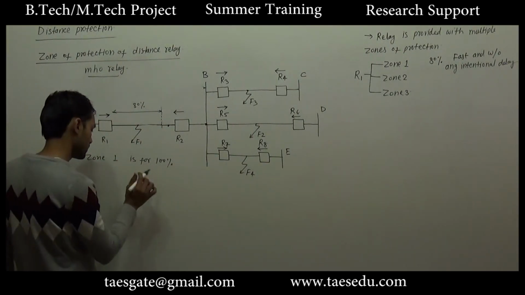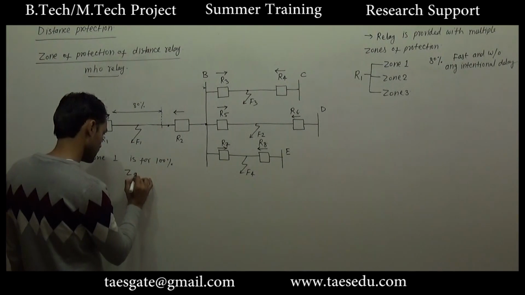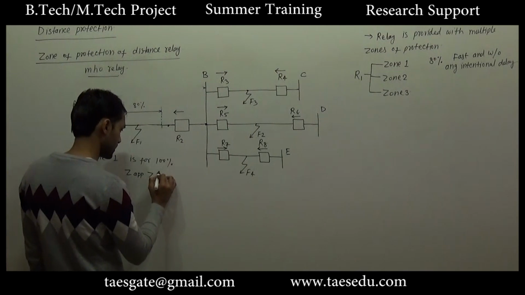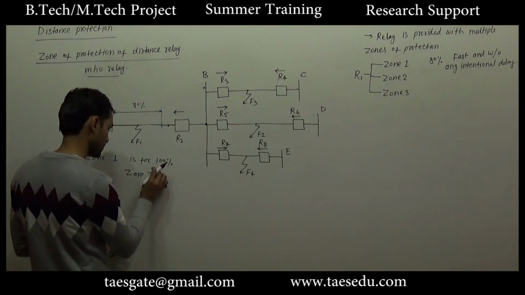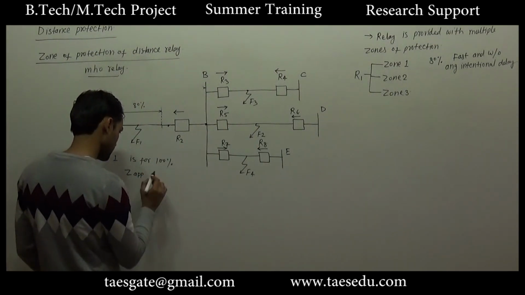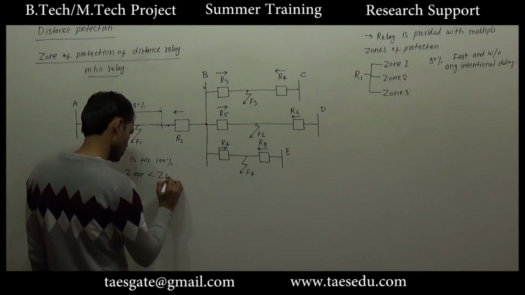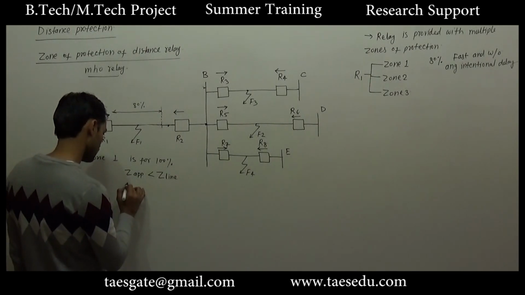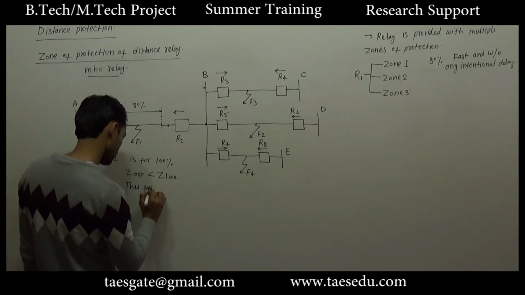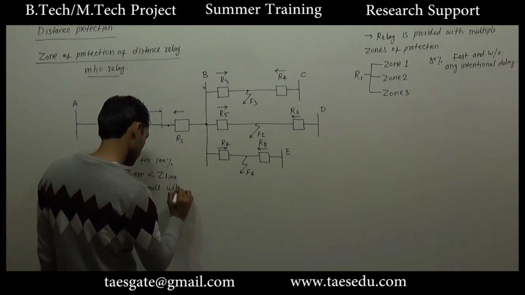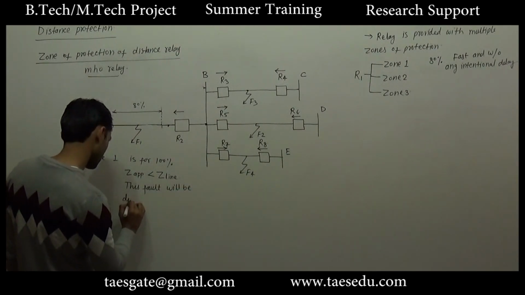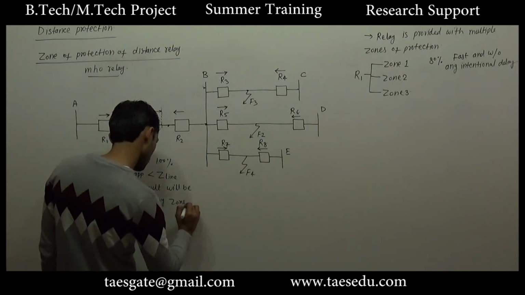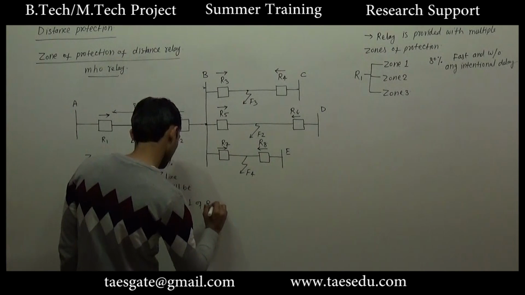That is, if Z apparent is less than the total impedance of the line, this fault will be detected by zone 1 of relay 1.